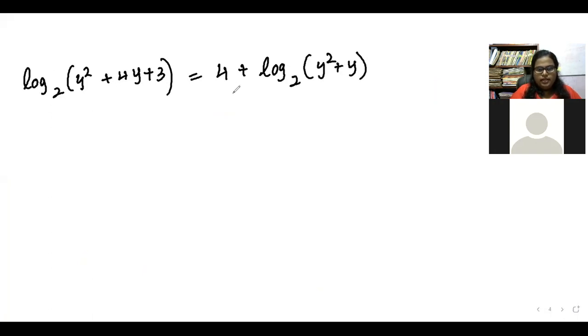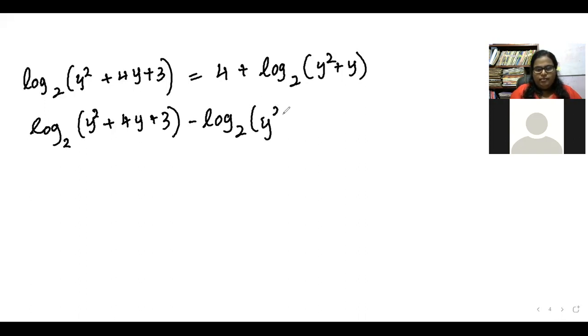So the first thing, you have to take all y terms together. Just like solving a normal equation, we bring the y terms to one side. So we can write this one as log base 2 of y square plus 4y plus 3 minus log base 2 of y square plus y equals to 4.